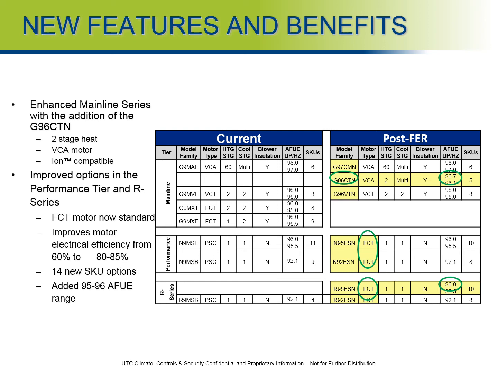It's going to be just a single stage furnace with a fixed constant torque or standard ECM motor. And the efficiency on those starts at 92%, as referenced in the N92ESN model number and the N95ESN model number.